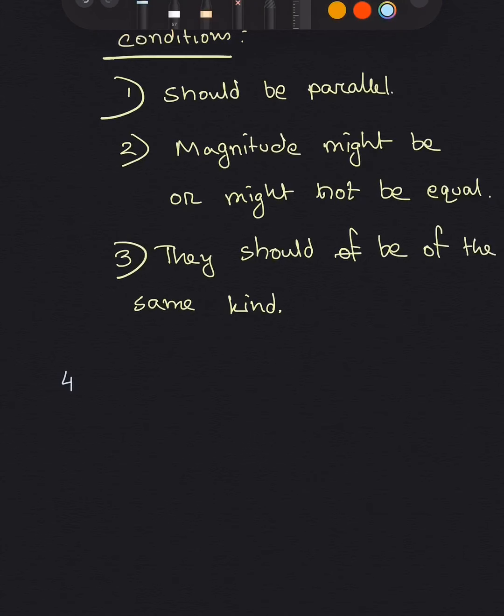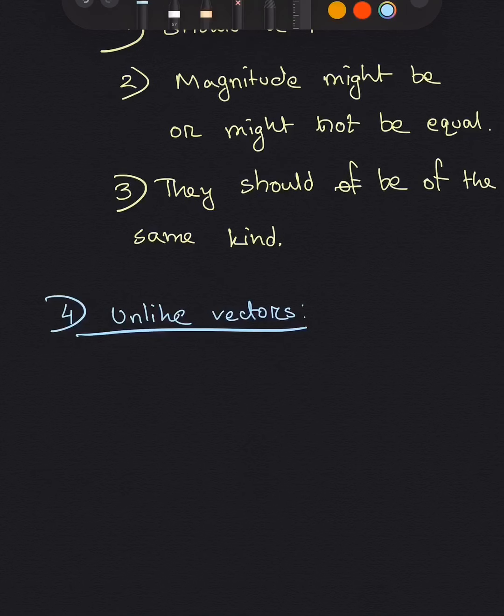Now coming to our fourth vector, which is unlike vector. It is exactly the opposite of like vector. So in this case, we can say if two vectors of the same kind act along opposite direction, then they are called unlike vectors. Suppose you are traveling towards east and your displacement is 5 meters, and your friend is traveling towards west and his displacement is 5 meters.